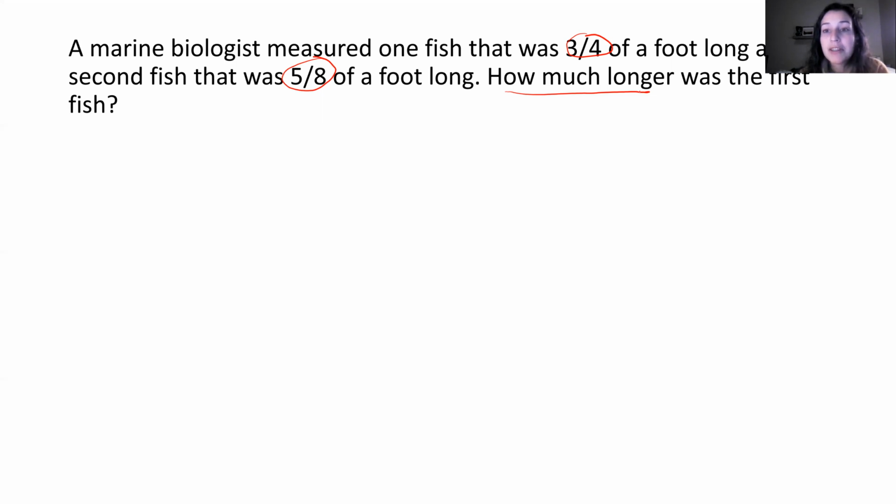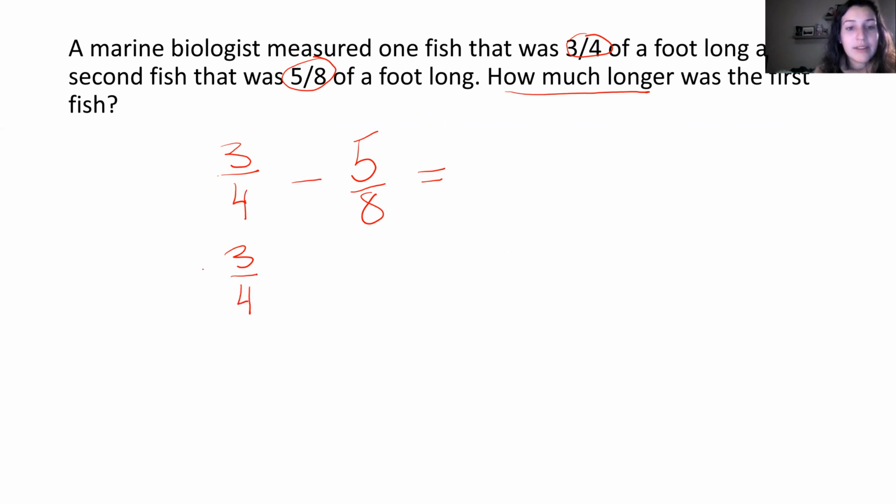So let's jump right into that. How much longer was the first fish? We know that the first fish was longer based on the problem asking how much longer was the first fish, and we want to subtract 5/8. What we want to do here is make the denominators the same.